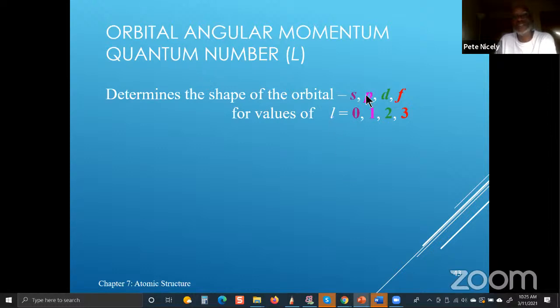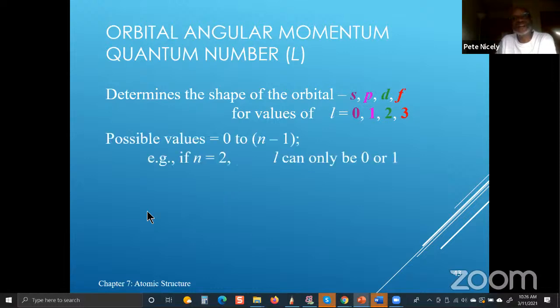If l is equal to 0, the orbitals are called s orbitals. If l is equal to 1, they're called p orbitals. If l is equal to 2, they're called d orbitals, and correspondingly, for the f orbitals, the quantum number would be 3, all right?